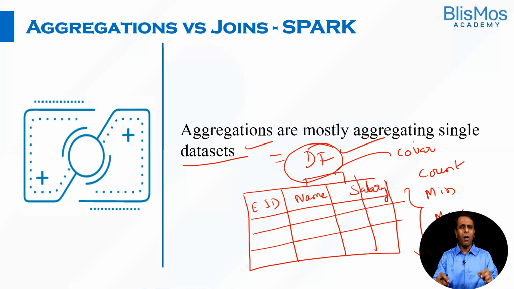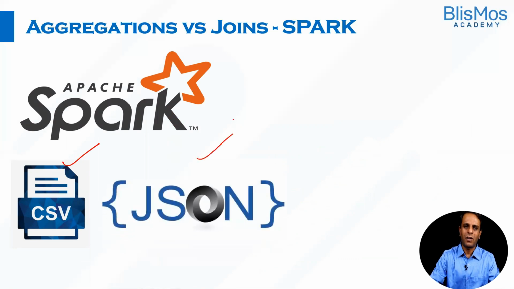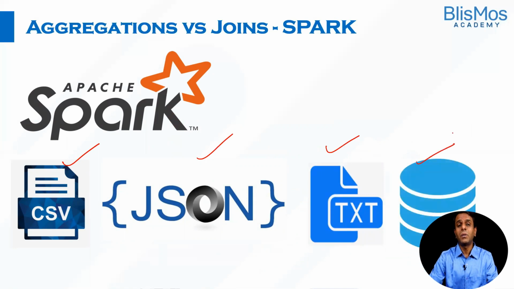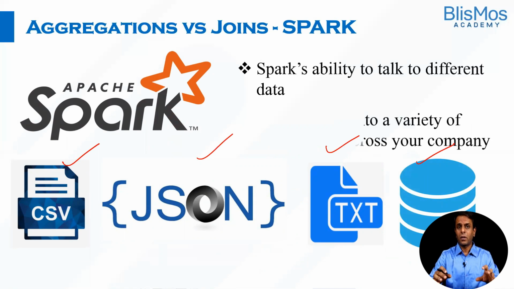Do you think all data engineering tasks would have only one data frame? Not really. That is where Spark has the ability to read from multiple sources. It may be a CSV file, a JSON file, a text file, or any RDBMS database.